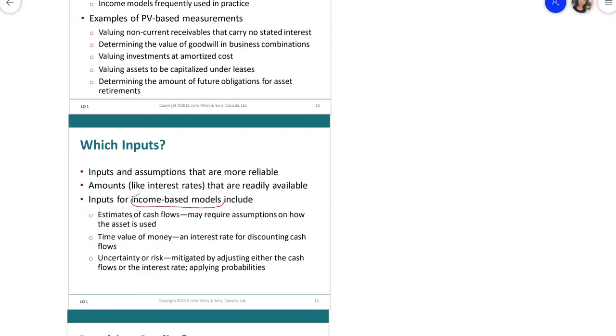When we're using an income-based model, it means we're going to be receiving income later on. In this case, if you invest money, you'll be receiving interest. Interest rate plays a role.